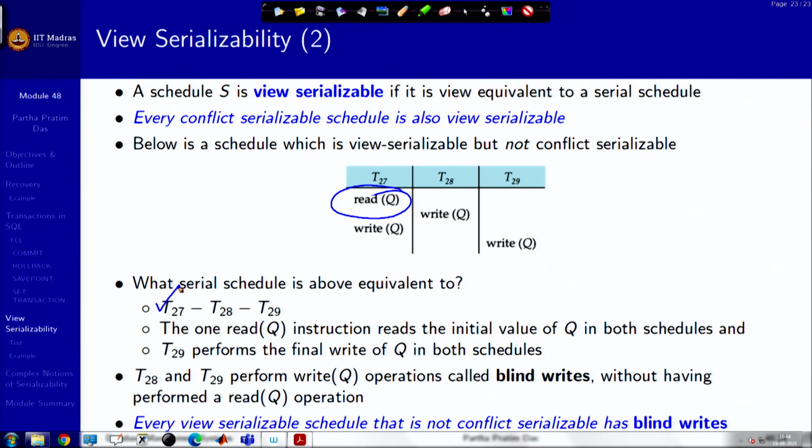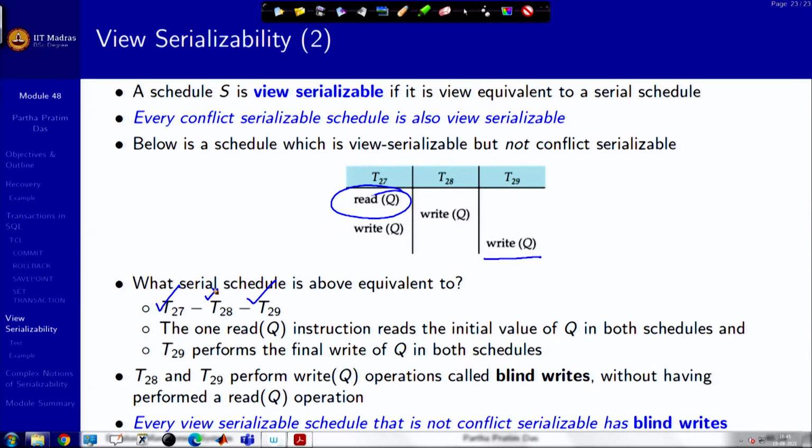Now, the final write to Q is done by T29. So, any schedule that ends with T29, the final write, would match the final write condition. So, if T27 is initial, T29 is final, what remains is T28, which has to be in the middle.